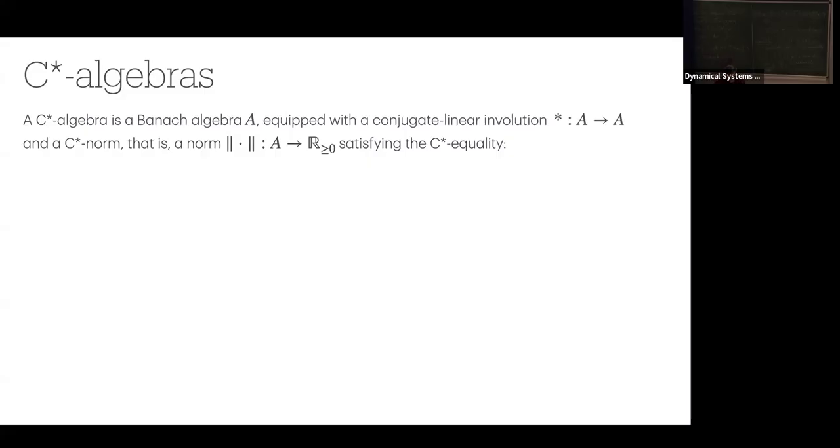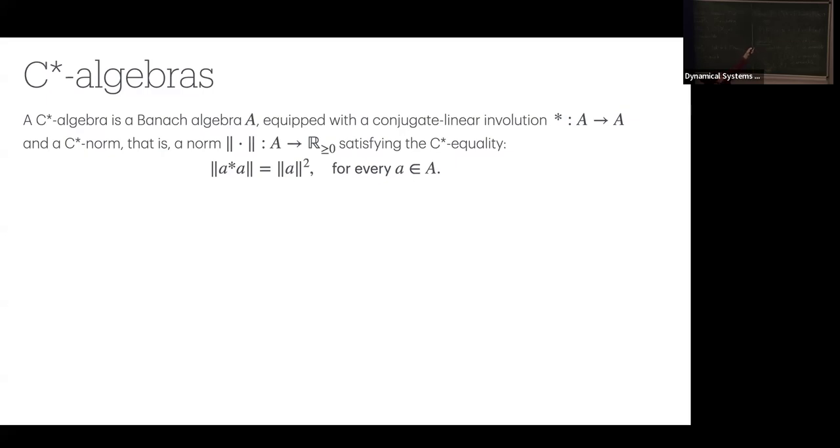A C-star norm means that it has to satisfy the C-star equality, which means that whenever we take A star A and take the norm, it's the same as taking the norm of A squared. If you were talking about Banach star algebras, you would only have a less than or equals to here. But here we actually demand equality.